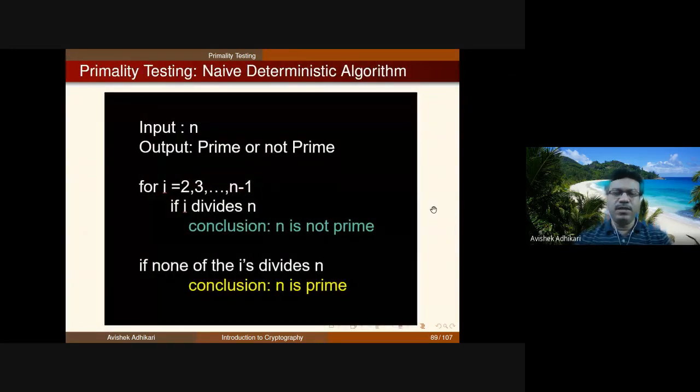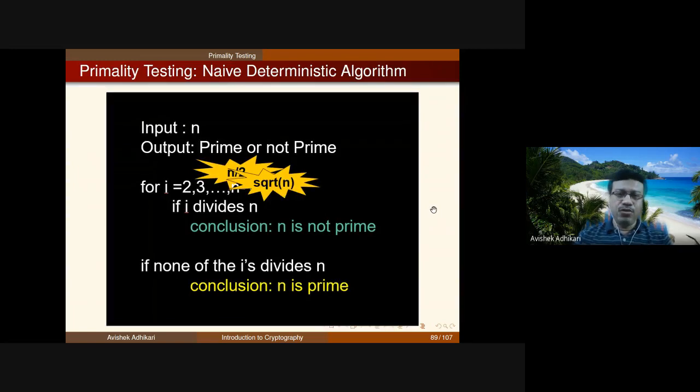What does that mean? A deterministic algorithm means if you give it a number, it will certainly give you an answer. You may not know after how many years or days, but it will certainly give you an answer, and that answer must be correct. That means it will say either the number is prime or the number is not prime.